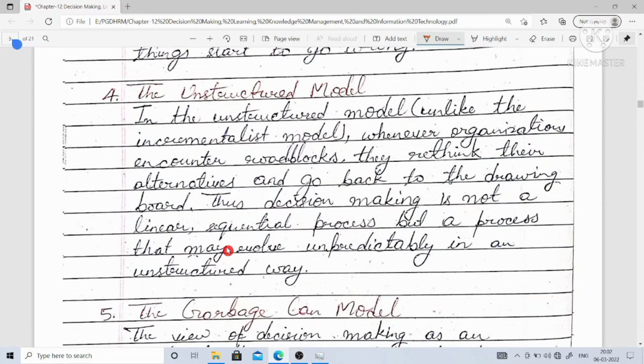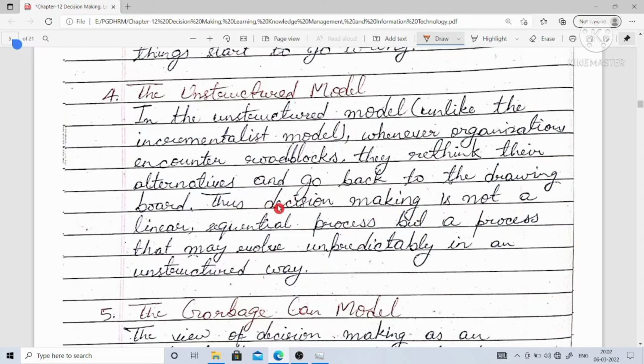The fourth model given is the unstructured model. In the unstructured model, whenever organizations encounter roadblocks, meaning any type of problem, they rethink their alternatives and go back to the drawing board.